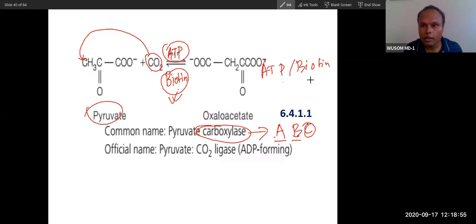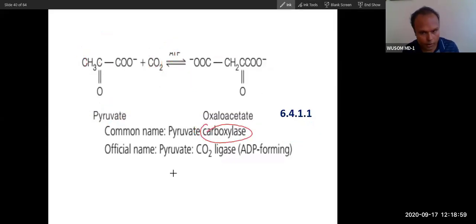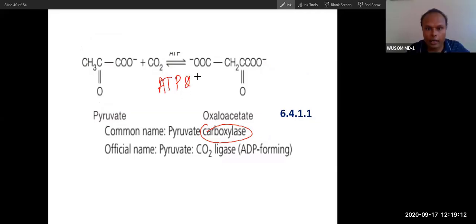Will you remember the function? Tell me. A, B, C: ATP and biotin to do the carboxylation, to add carbon dioxide.